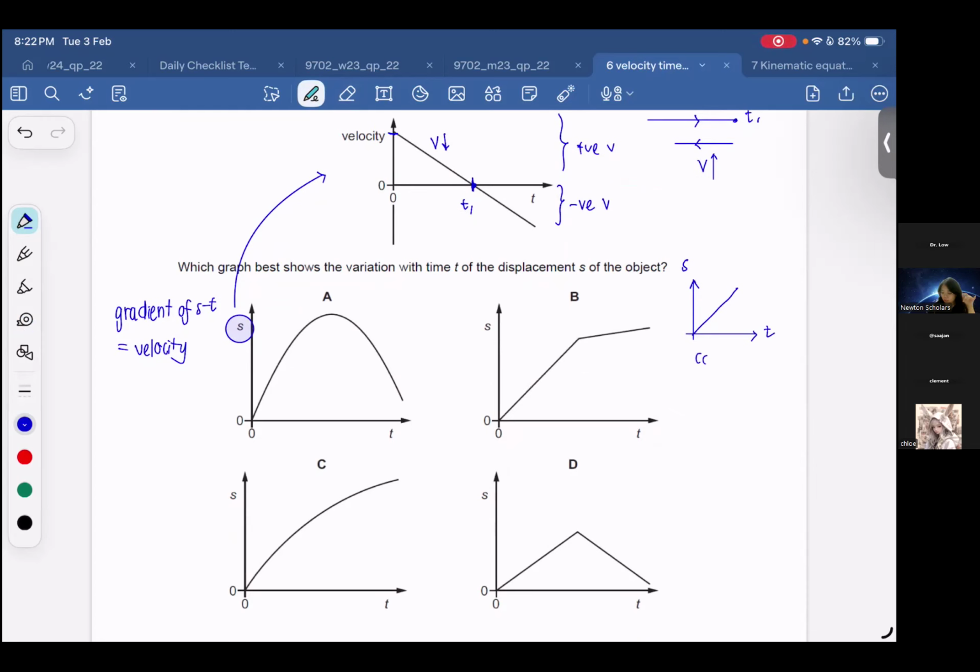Constant gradient means constant velocity, right? So your answer just now, a lot of you chose answer D. Confirm wrong. Why? Because this means constant velocity, because of the constant gradient.